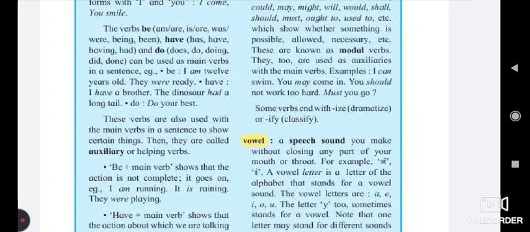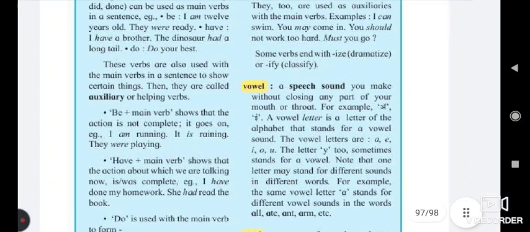Be plus main verb shows that the action is not complete, it goes on. I am running, it is running. They were playing, the ing form. Okay. The base form of the verb plus ing shows that the action continues.